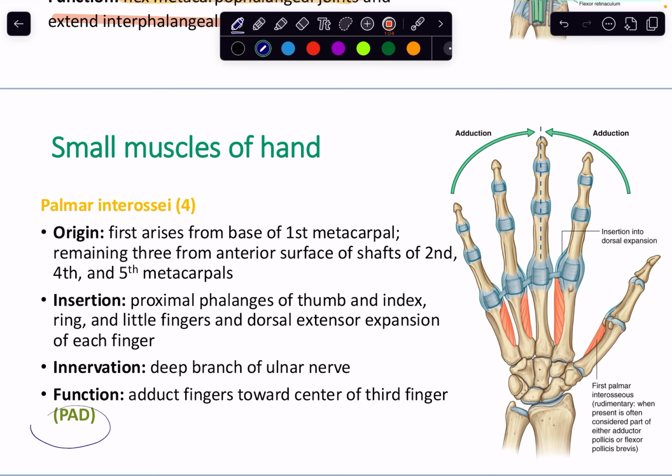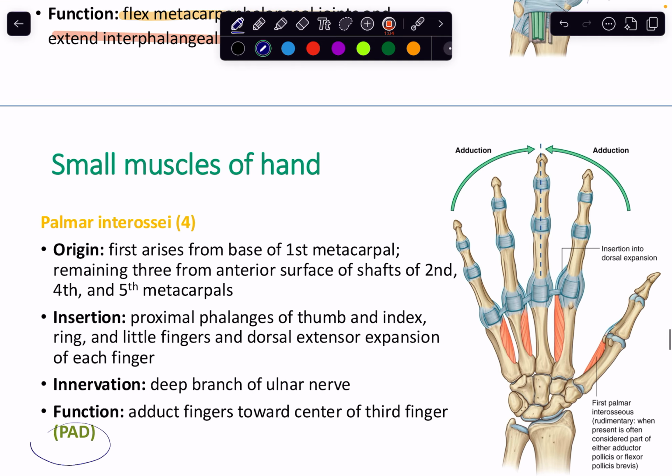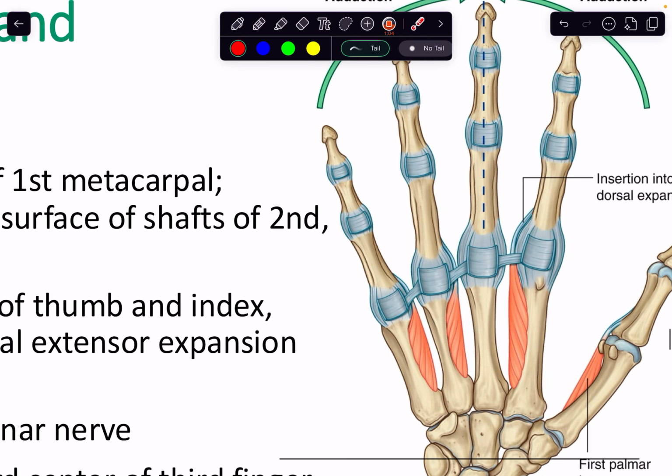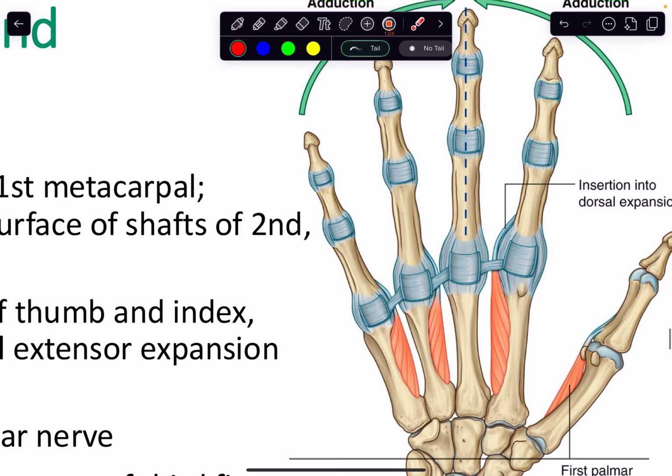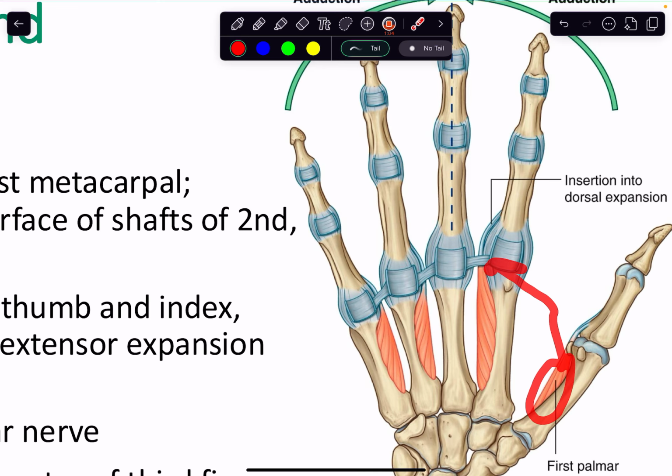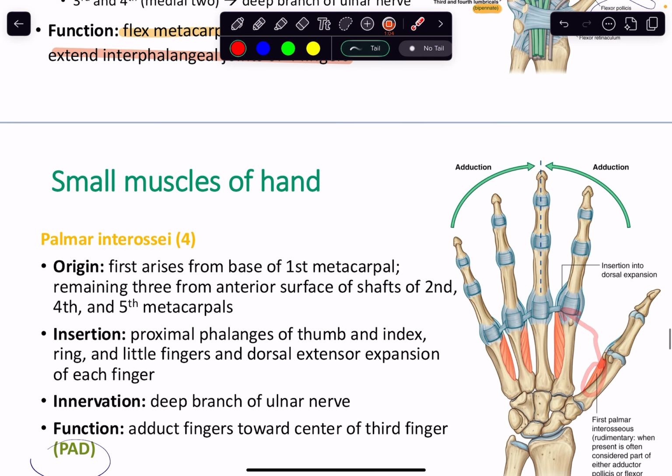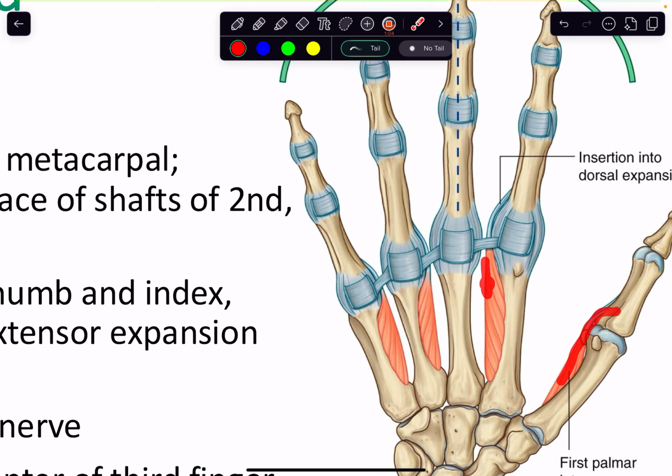Similarly, for this one, the insertion tendon of the palmar interossei will insert here for this finger, so that when it pulls like this it comes to the center. But these two are opposite, because this needs to come here, so it should attach here. Understood? For adduction, you need the insertion on the side facing away from the central axis. There is no attachment for the palmar interossei in the center, because it is the central axis.